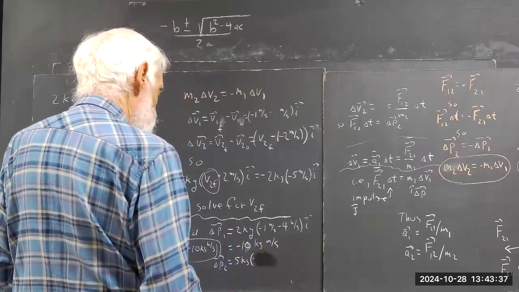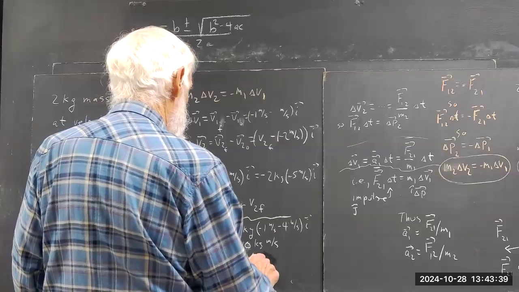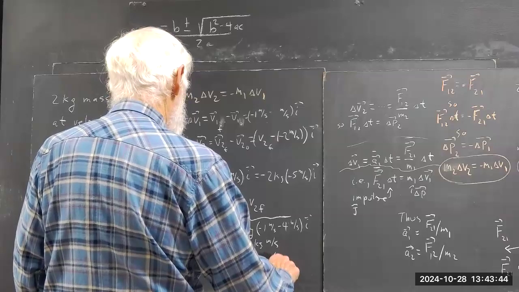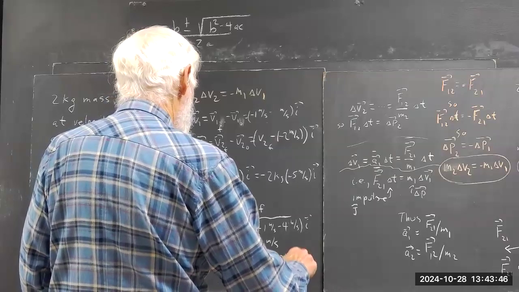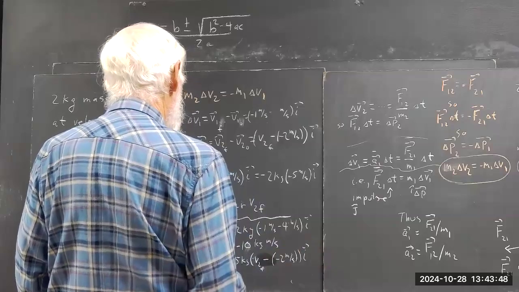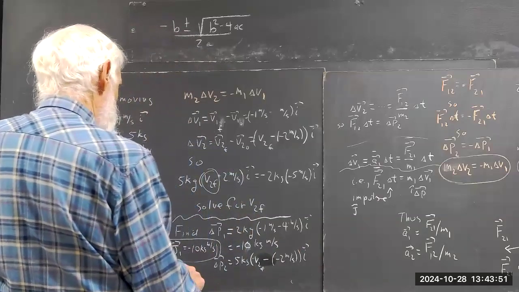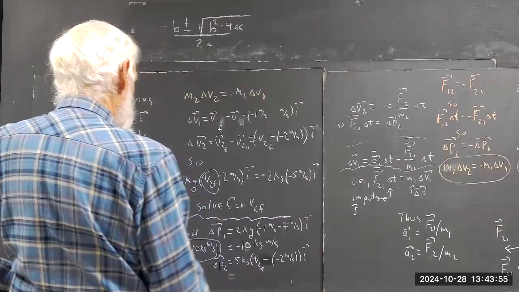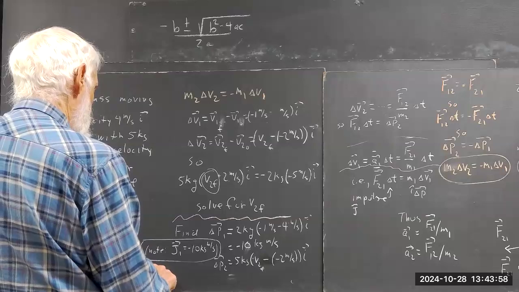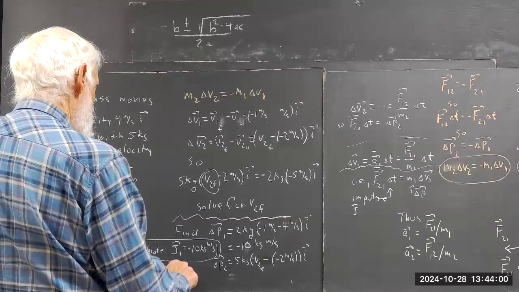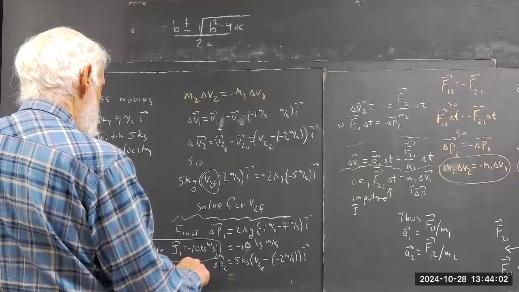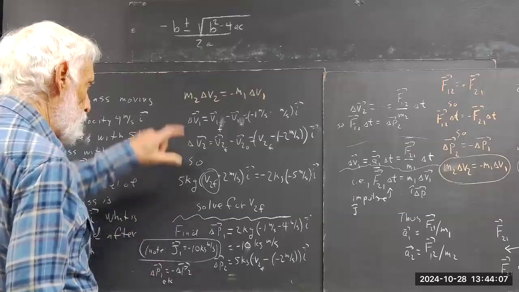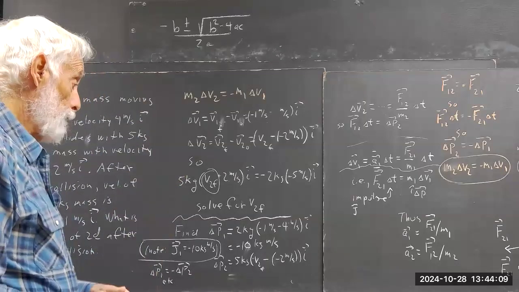And if I write that down carefully, I can just leave it that way. Then I can say delta P1 equals negative delta P2, et cetera. It all works out just like it does if I plug into the equation.